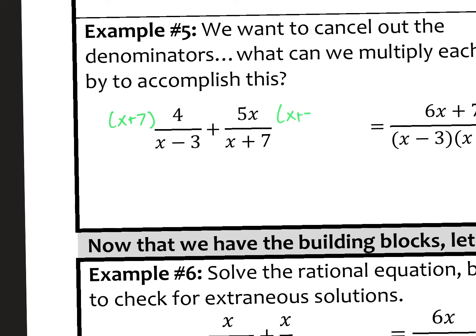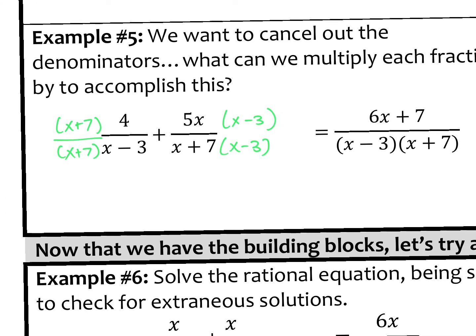And the one on the right times x minus 3. What am I doing there? Okay, and I need to do top and bottom because I'm multiplying times 1, x plus 7 over x plus 7, x minus 3 over x minus 3.